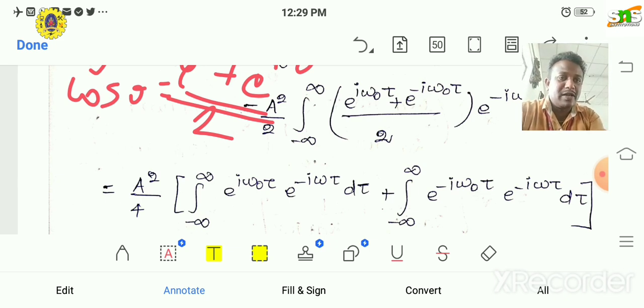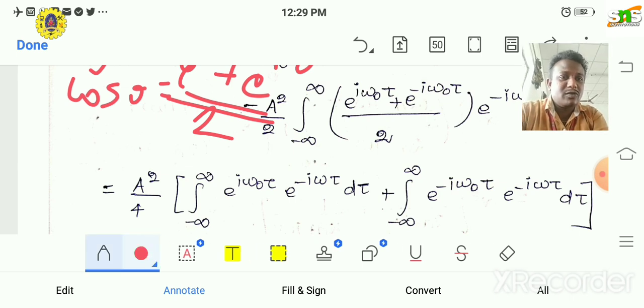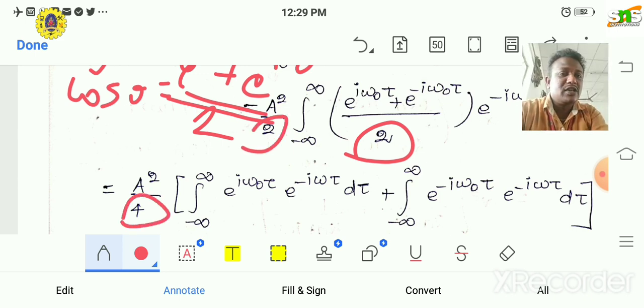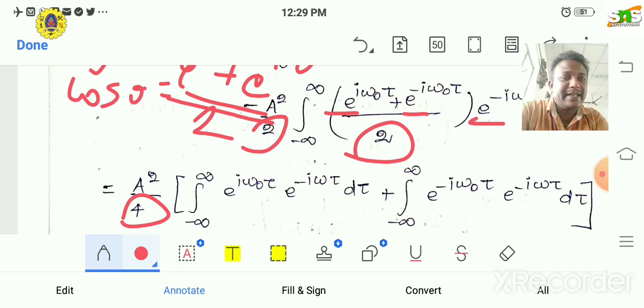Here 1 by 2 is a constant, so it can be taken outside. When we take 1 by 2 outside, it becomes 1 by 4 because we already have 2; 2 into 2 is 4. The remaining part, this part and this part, can be multiplied with this one, and it can be separated into two parts. So I am going to separate it into two parts by multiplying this one with this one.